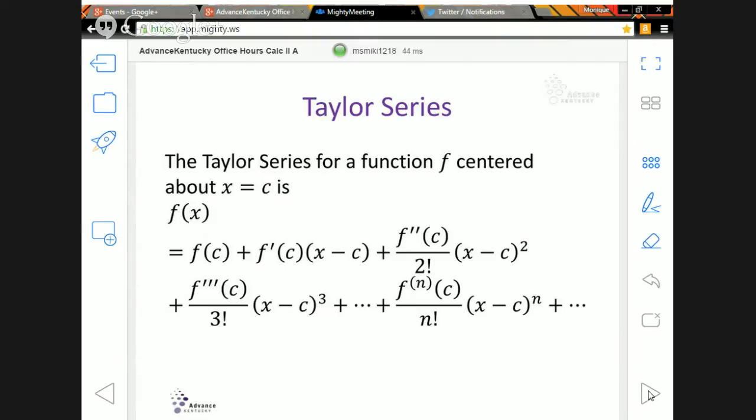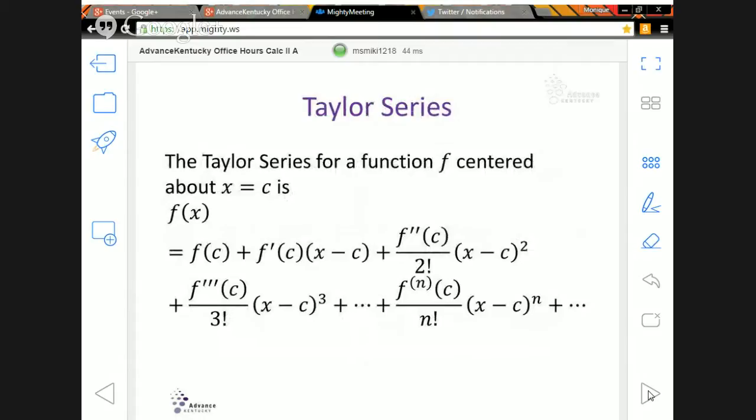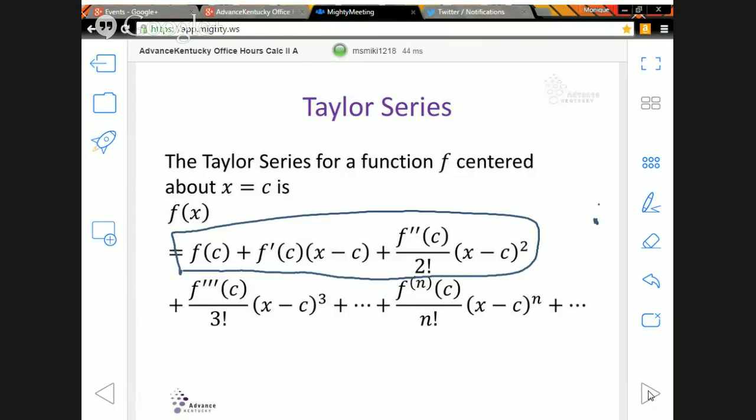If I just take a few values and not the entire thing, say the first 3 values here, then I'm looking at a third partial sum, because I have the first 1, 2, 3 terms. I'm also looking at a polynomial now because it has a finite number of terms, and it's a second degree polynomial because the highest power of x would be 2.